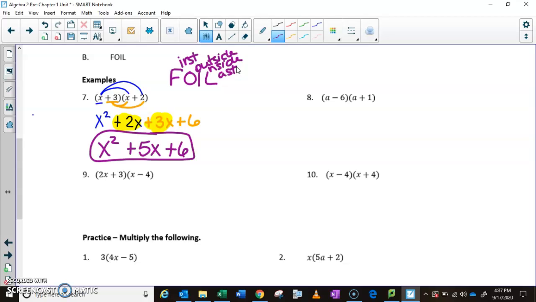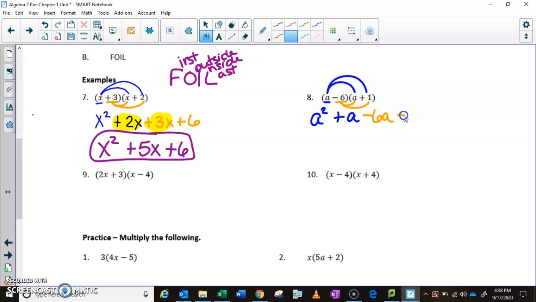The quantity a minus 6 times the quantity a plus 1. So we'll start in the first parenthesis. We'll take the a, and we're going to distribute. a times a is a squared. a times 1 is 1a. Then we'll start with the next term, negative 6 times a. That's minus 6a.